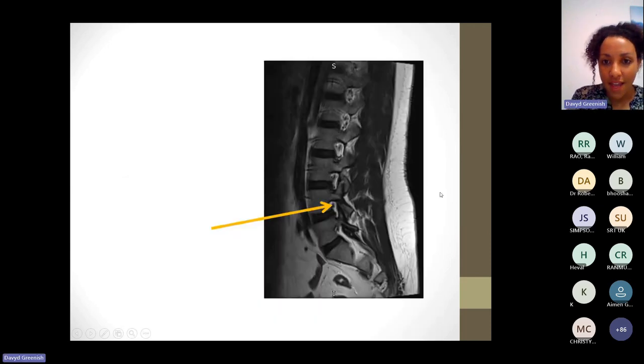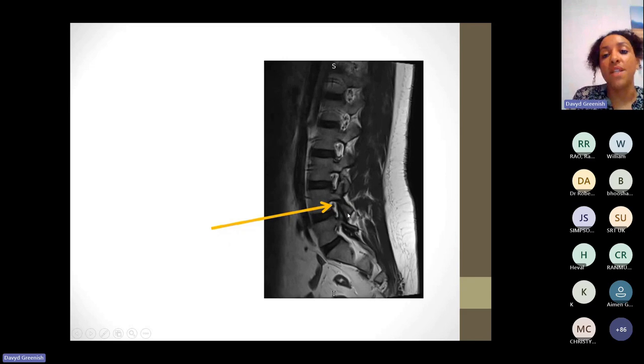Okay, and then moving swiftly on, I've labelled a structure there. If you haven't reported many MR spines, it's good just to get your eye in. This is where the nerve comes out. So this is the exit foramen. It's kind of a keyhole shape, and you've got the vertebral body anterior here, and then you've got the posterior elements of the vertebra there.